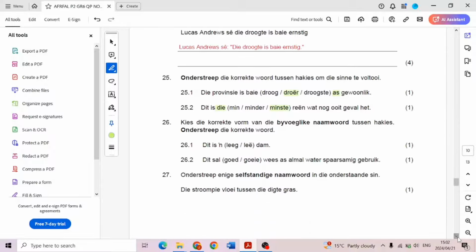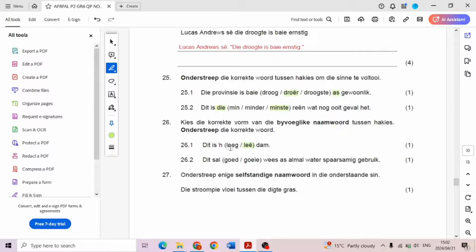Next. Kies die korrekte vorm van die byvoeglike naamwoord tussen hakies. So byvoeglike naamwoord is an adjective, which you should already know can change forms, and it can be right in front of the noun or at the back, all of that stuff. So dit is 'n leedam because it's describing the dam.